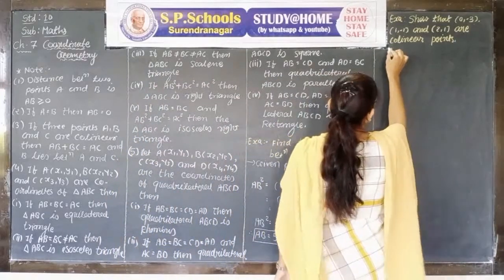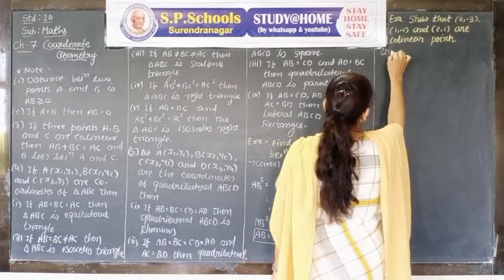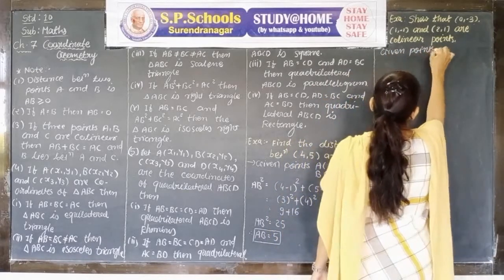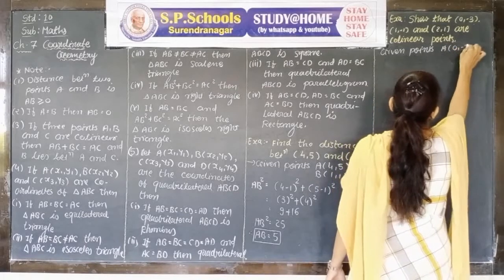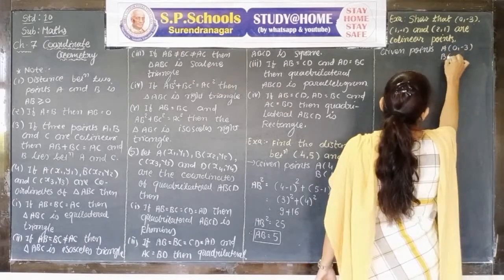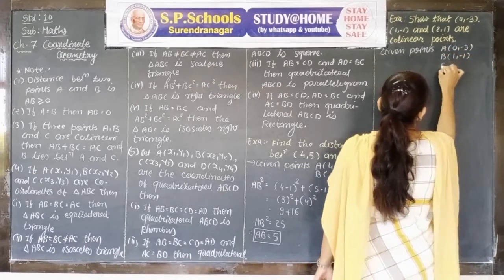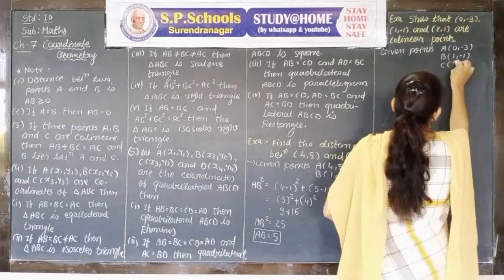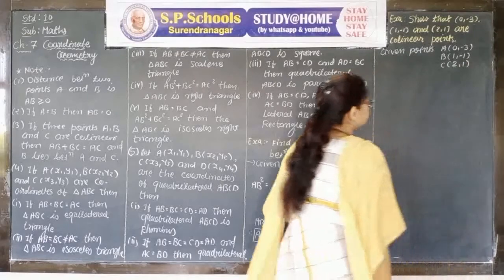First of all, write the given points: A (0, -3), B (1, -1), C (2, 1).